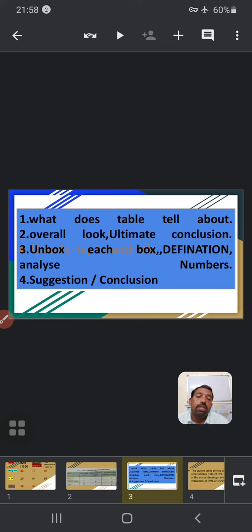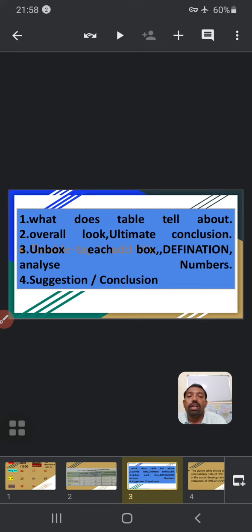You have to analyze the table also. The last one is to give the suggestion or conclusion, based on the content, which varies from table to table. So these four thumb rules you must remember to write the answer.